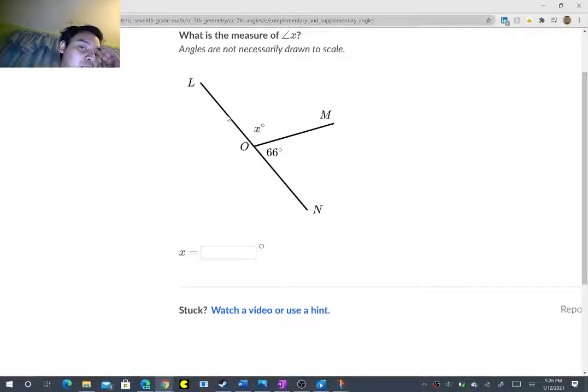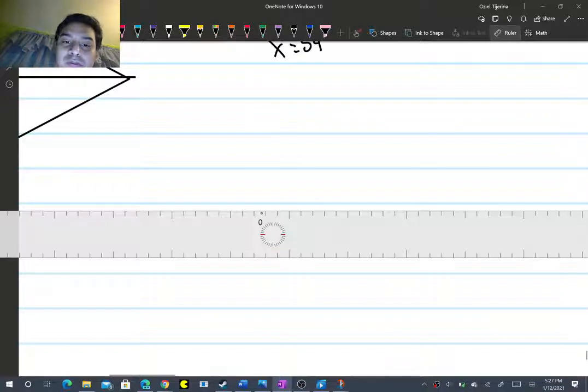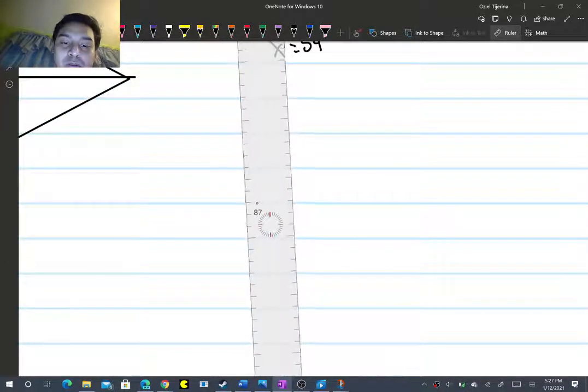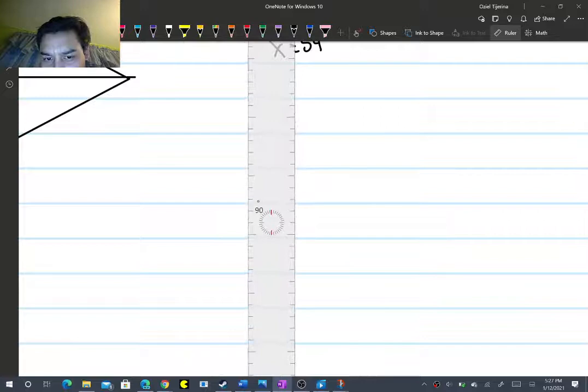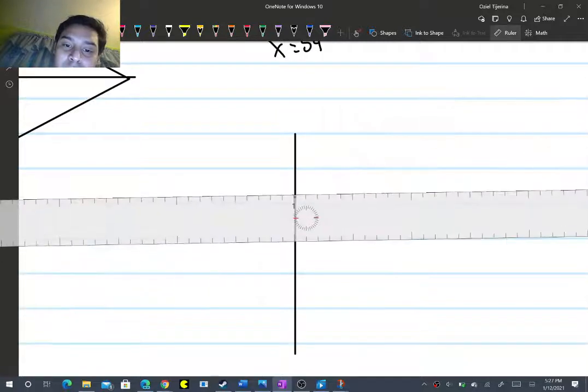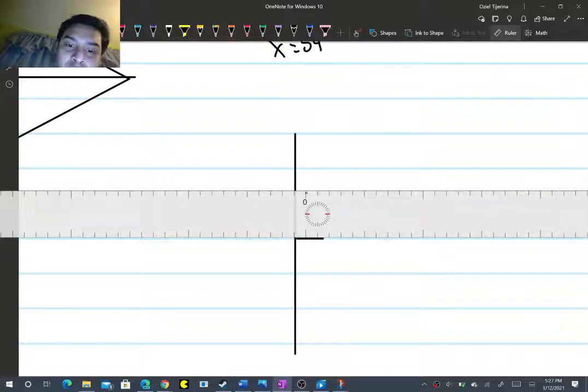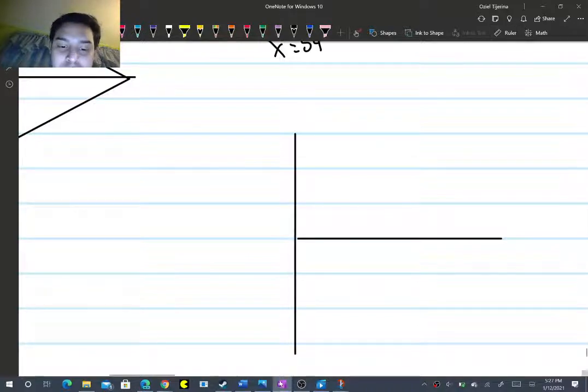Because this is a straight line, we can say that x plus 66, so if I kind of redraw it a little bit. When you draw it, it doesn't have to be perfect, as long as you get the idea.